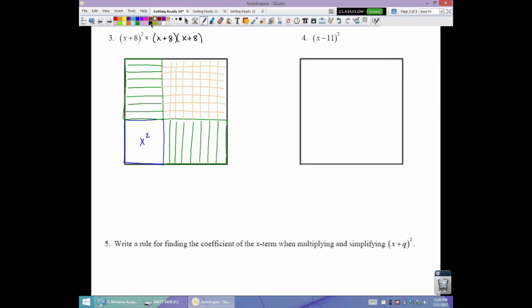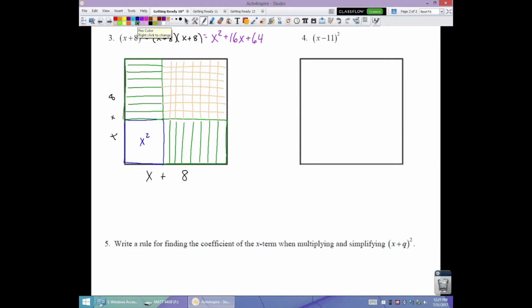Okay, so what we end up with, since this is x plus 8 and x plus 8 going up the side, we end up with a total of 1 x squared tile, 16 x tiles, and then 64 of the little unit tiles.